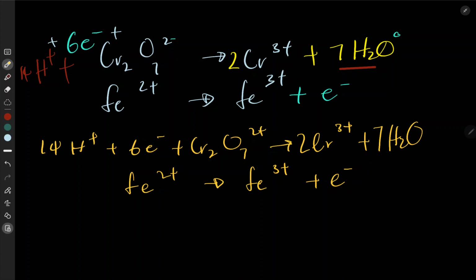Remember, there's a step that we mentioned in the notes, that the electrons gained here should be the same as the electrons lost here. Now we have 6 electrons here, and here we have 1 electron. So to balance this, we're just going to multiply.